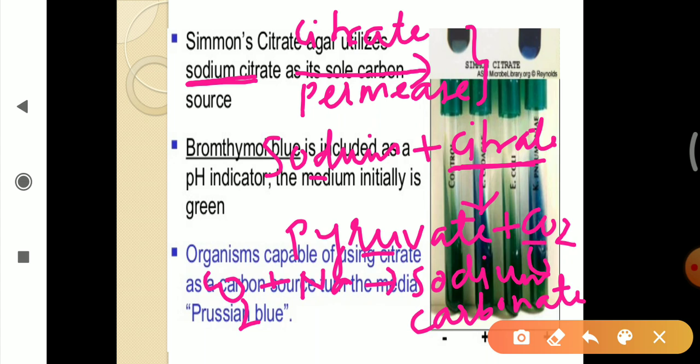This carbon dioxide will be liberated, come into the slant, and react with sodium. As we know, NaCl present in the medium maintains the osmotic pressure. Now the carbon dioxide reacts with sodium and forms sodium carbonate, which is an alkaline compound. Due to this, the pH will increase, and the bromothymol blue, a pH indicator dye already present in the medium, will turn blue.